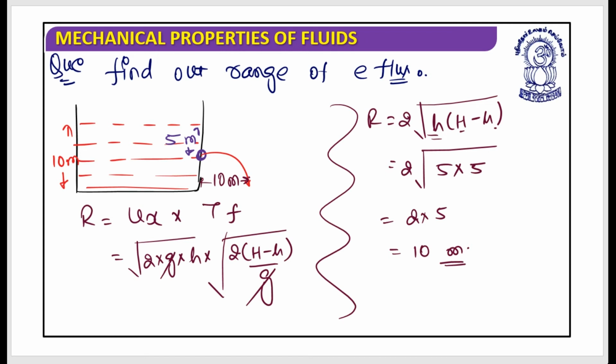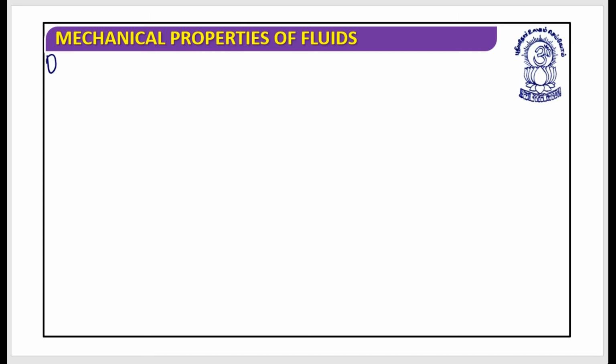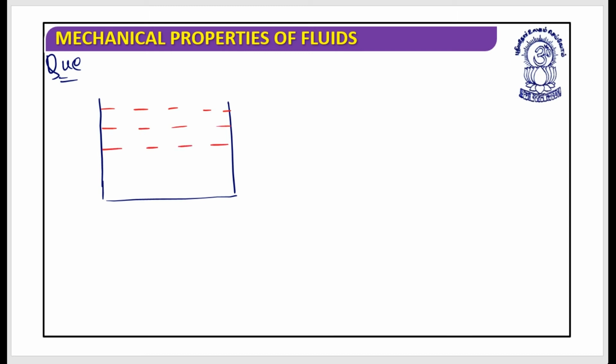So now let's have one more look at this range theory. Let's suppose this is the container, and this container has been filled with the fluid. It is something like this, and let's call this 10 meter.